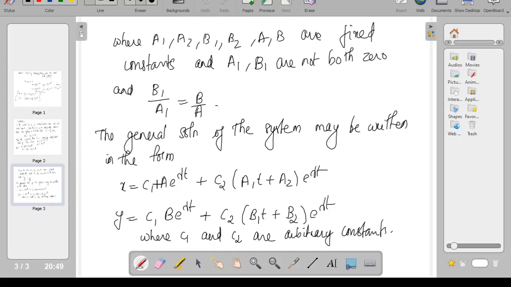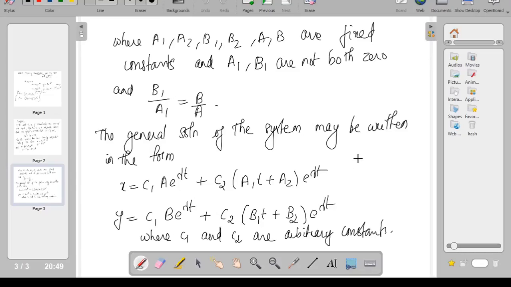and the general solution will be of the form of a linear combination of both the solutions. So x will be c1 a e raised to lambda t plus c2 a1 t plus a2 e raised to lambda t, and y will be c1 b e raised to lambda t plus c2 b1 t plus b2 e raised to lambda t, where c1, c2 are arbitrary constants.